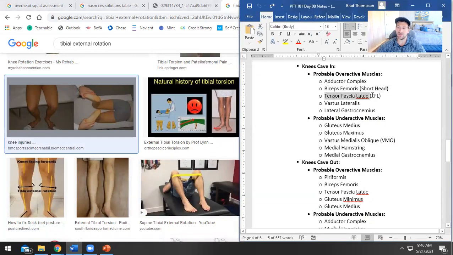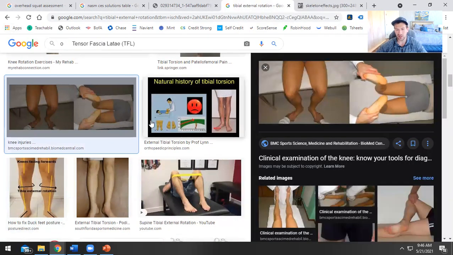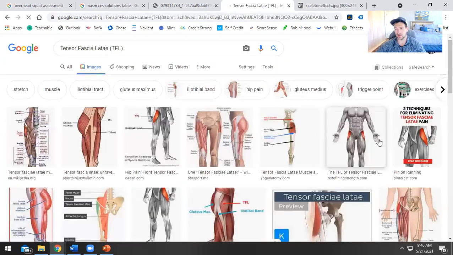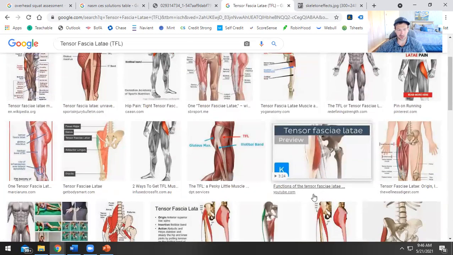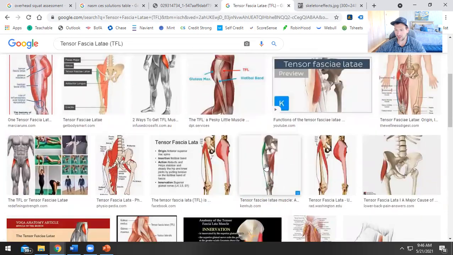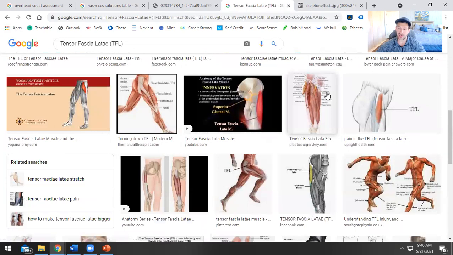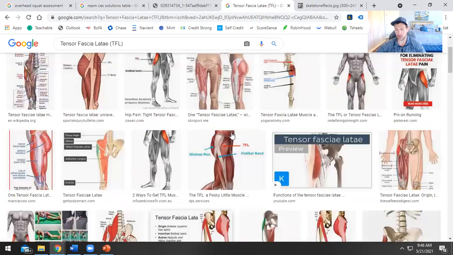We're also going to see the TFL. That's your tensor fasciae latae. Remember, that's a hip internal rotator. It's this little section right in here. That's a hip flexor, but it's also a hip internal rotator.